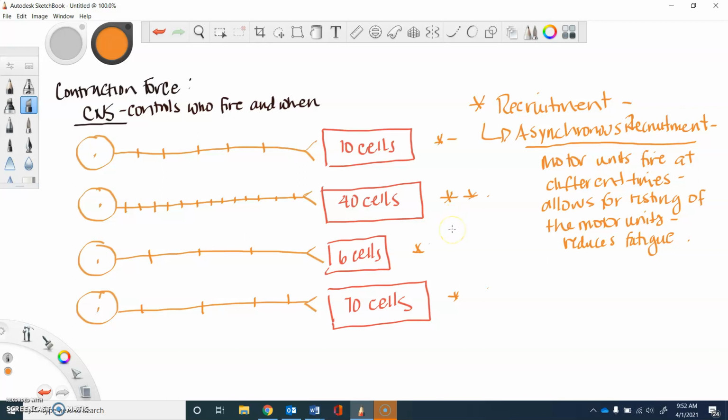So recruitment: the CNS controls who and when to fire. It also controls the number of motor units that are firing.